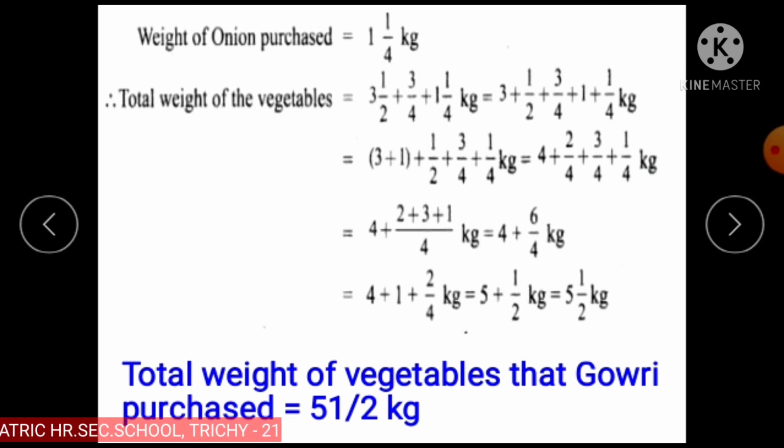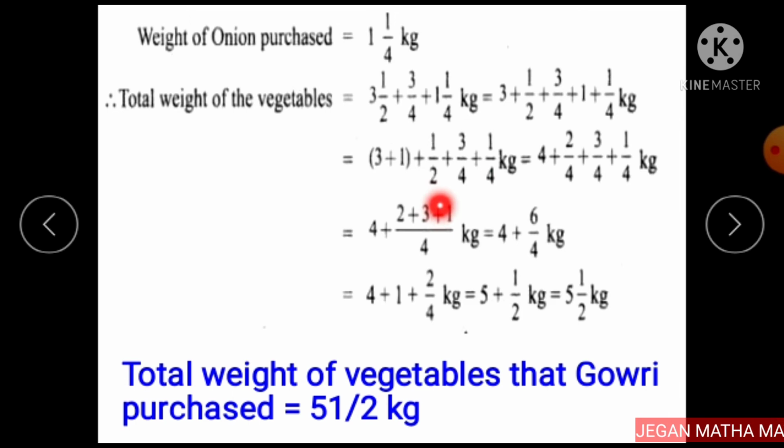So 1 by 2 plus 3 by 4 plus 1 by 4 kilograms equal to. First we add the whole numbers 3 plus 1 and then we add the fractions 1 by 2 plus 3 by 4 plus 1 by 4. So the sum of whole numbers gives 4. Adding the fractions, before that we get the same denominator.